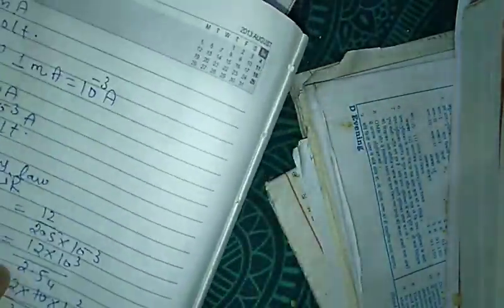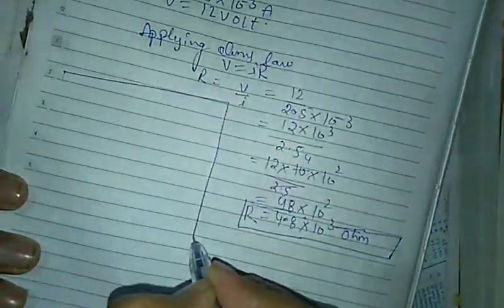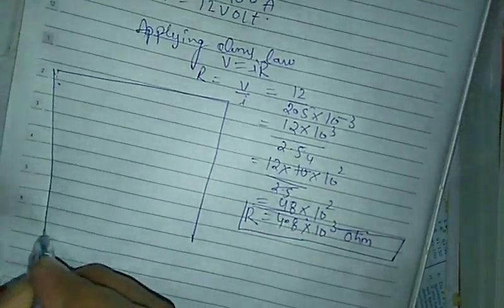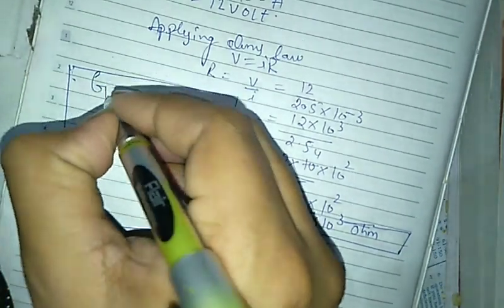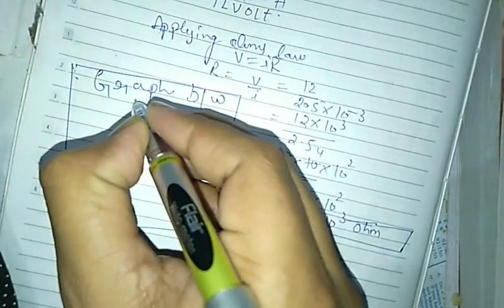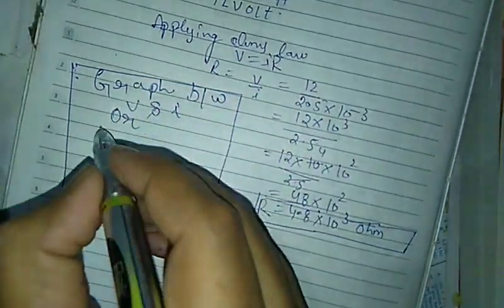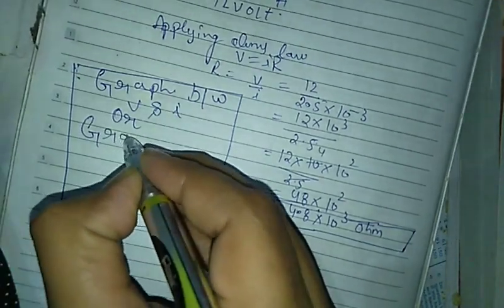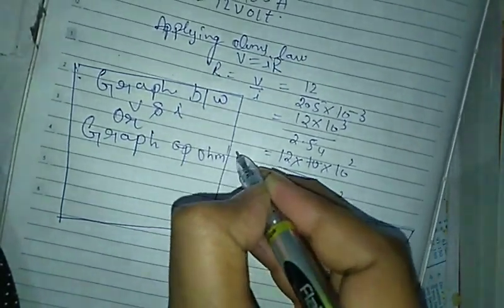Now one more thing, students, you have to know: the graph between V and I is the graph of Ohm's law.